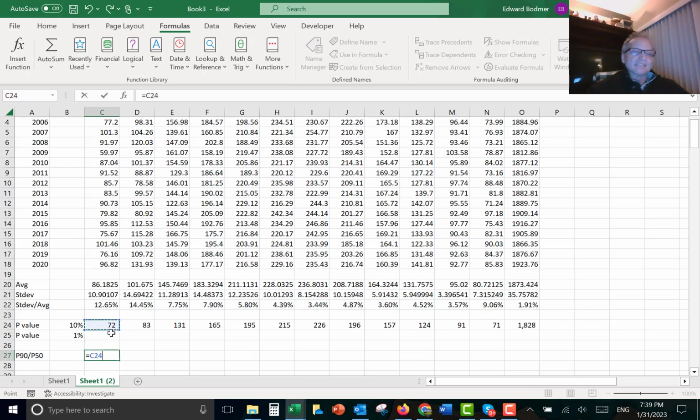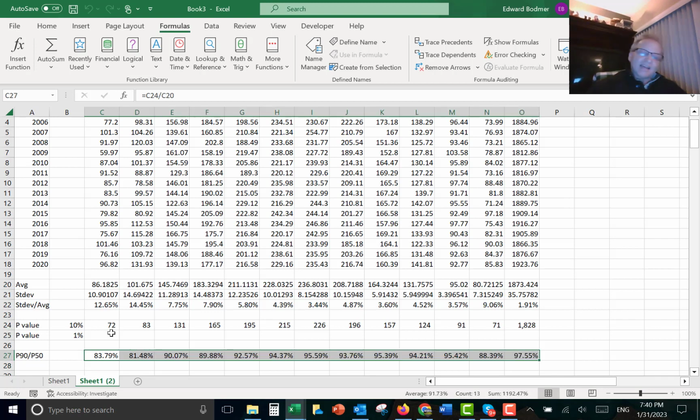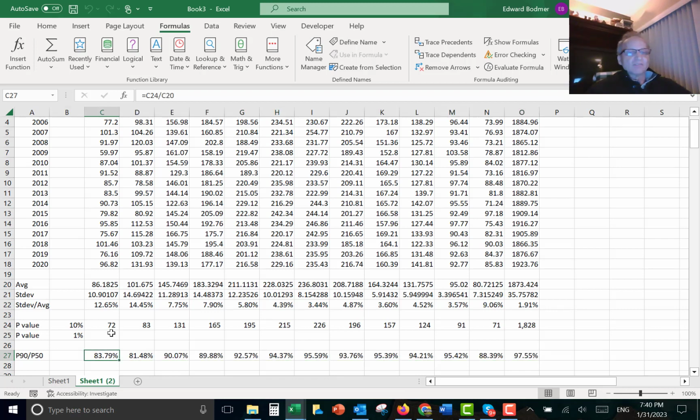So if I take this 72 divided by 84, how about Shift Control P on that at least? Okay, it says that the downside case is 84% of the base case.